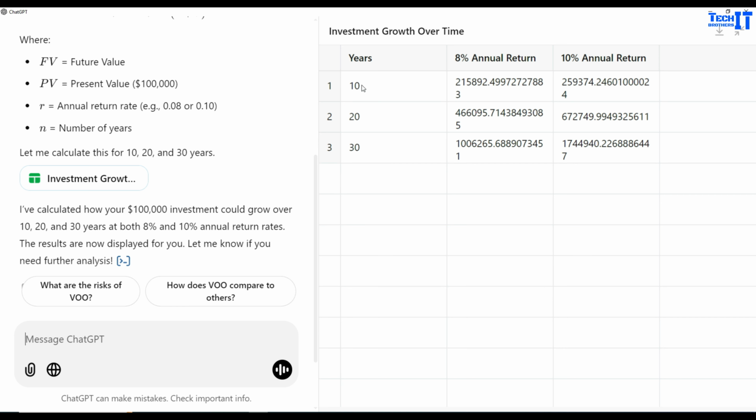If we leave our money for 30 years, we will have almost $1 million with 8%, and $1.7 million with 10%. So that's great.